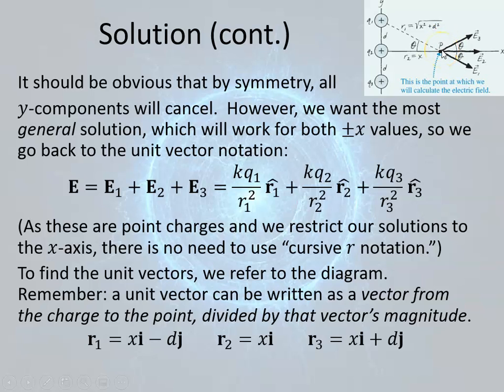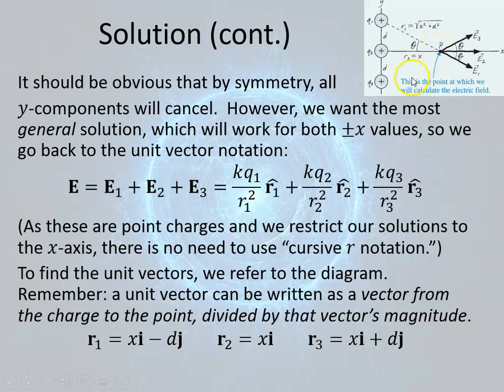So here we go. Here are the vectors from each charge to our point P. Since point P is located at the coordinate x, 0, the 0 denoting no position in the y direction, our one vector is like, okay, how would we get from charge 1 to point P? Well, we would go over x and we would go down d.